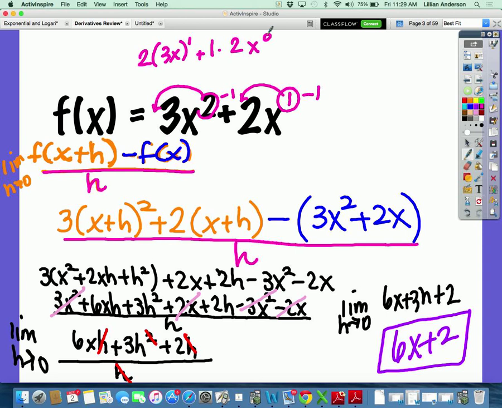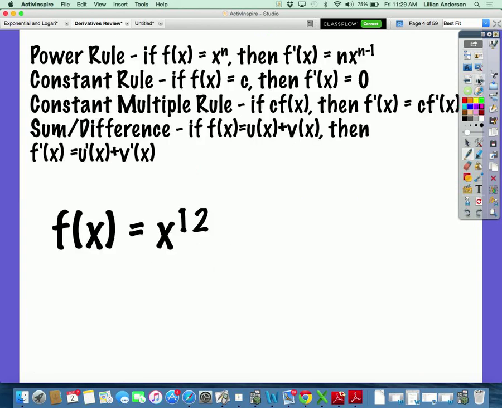Anything to the 0 power is 1, so 1 times 2 times 1 is 2. Over here was 2 times 3. 6. Okay. So, I mean, you can use power rule for everything, but you just need to know how to use it. So, get down the rest of the rules, and then we're going to get to some whiteboard practice.